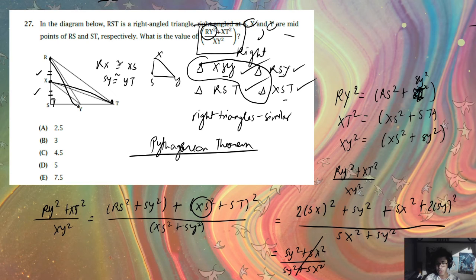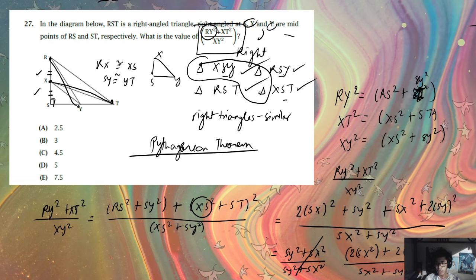So this gets canceled out, and what we're left with is 2 times SX squared plus 2 times SY squared, all over SX squared plus SY squared.